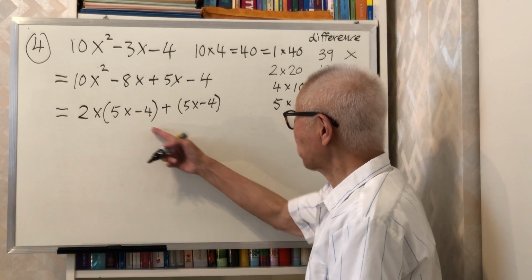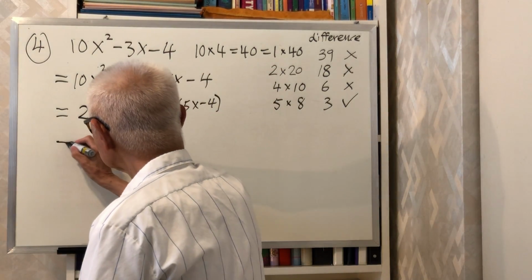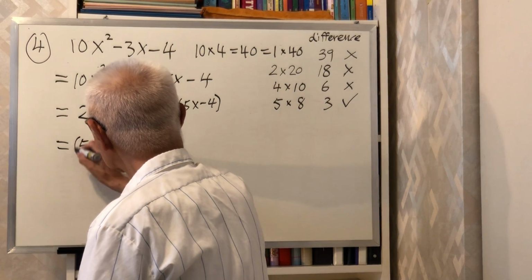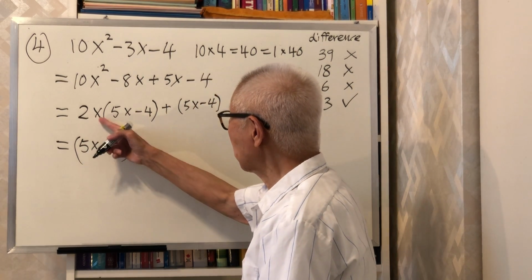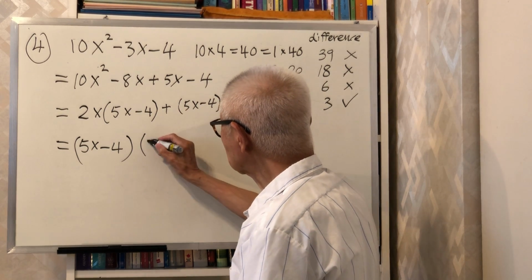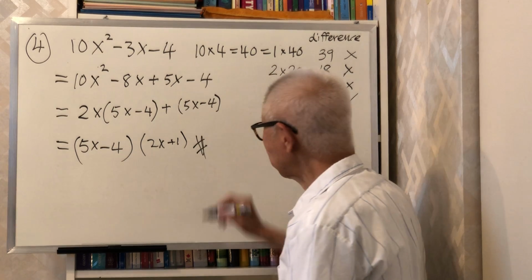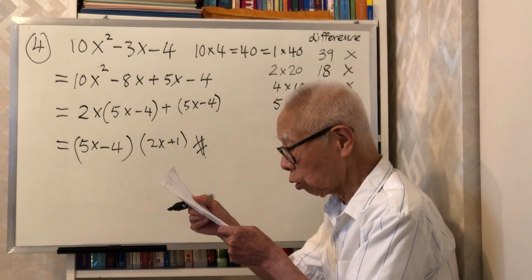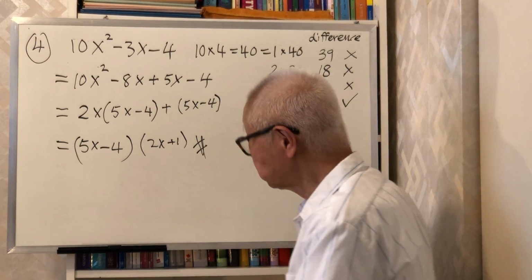Now 5x minus 4 can be factored out. What is left here is 2x plus 1. There is a 1 here. So that is my answer. That's example 4. Let's have one more example.